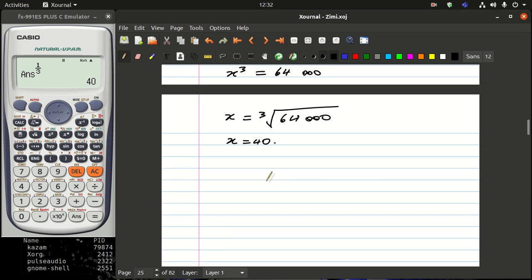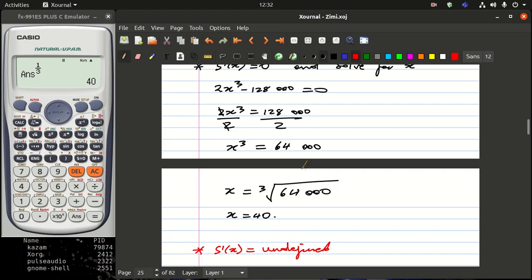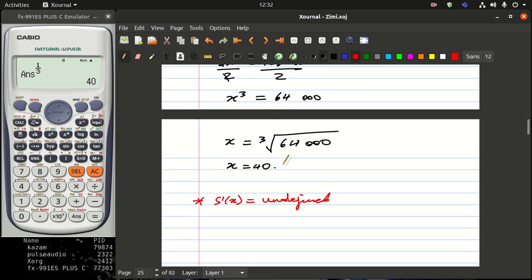The next thing that you are looking for here is this. You wanted to find x prime of x, and you wanted to find it when this one is undefined, because we are looking for the critical numbers here. So we look for when it is equal to 0 and when it is not.